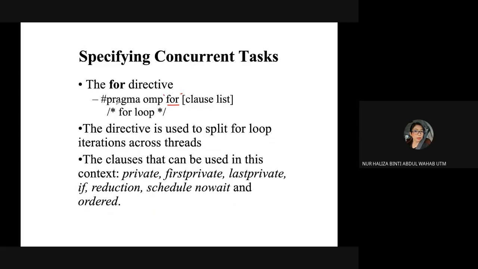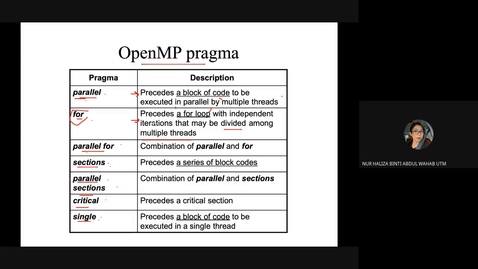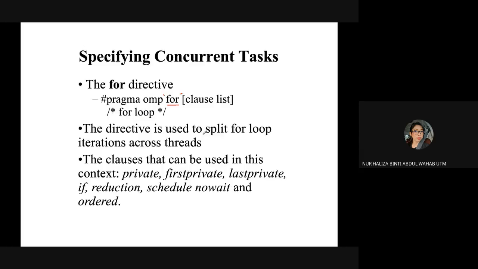So you can see over here, pragma omp for. So what is the function? It is a for loop with independent iterations that may be divided among multiple threads. And you can see over here, the directive is used to split for loop iterations across threads.